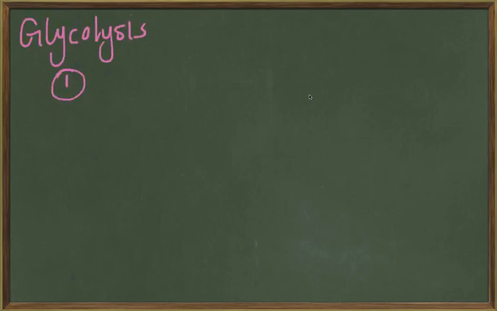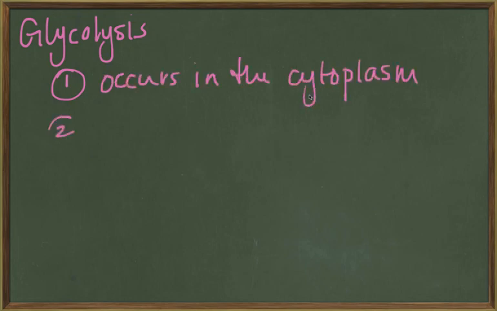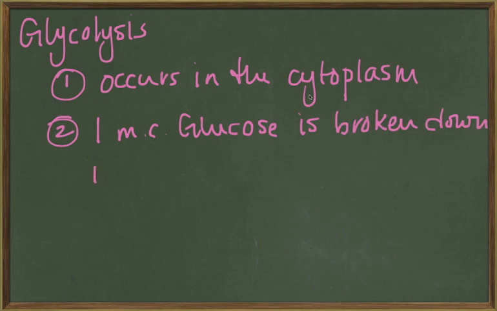So to sum all of that up for glycolysis, what I want you to take away from this, first off, glycolysis occurs in the cytoplasm. Second, 1 molecule of glucose is broken down into 2 molecules of pyruvic acid.